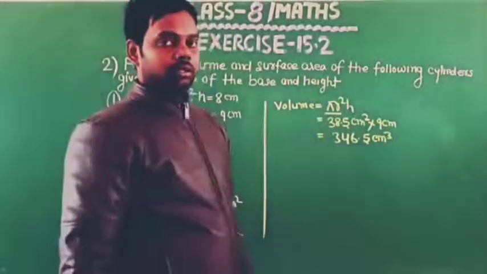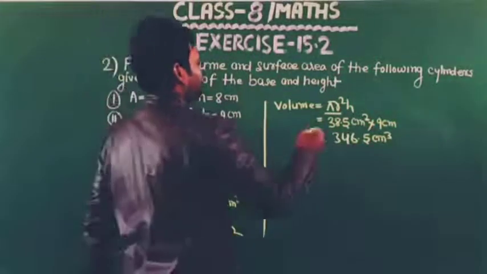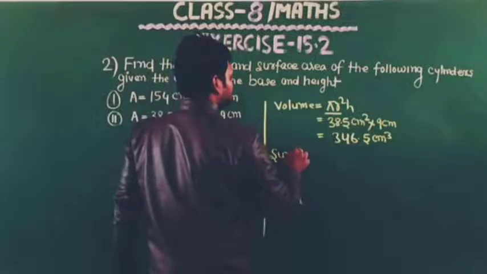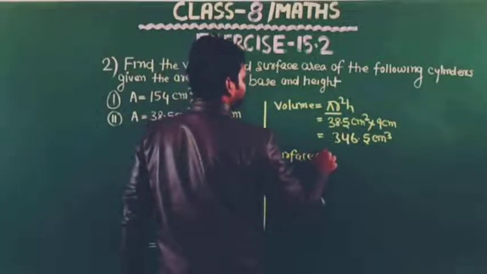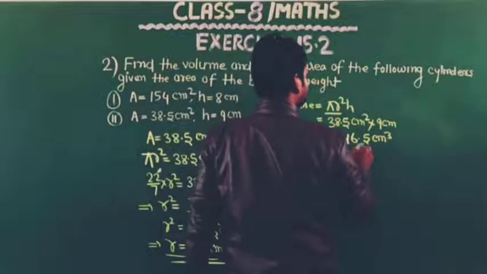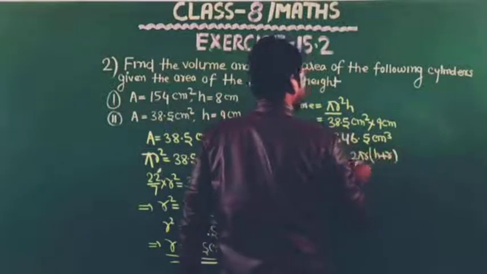And also we have to find the surface area of the cylinder. Surface area of the cylinder equals 2 pi r into h plus r.